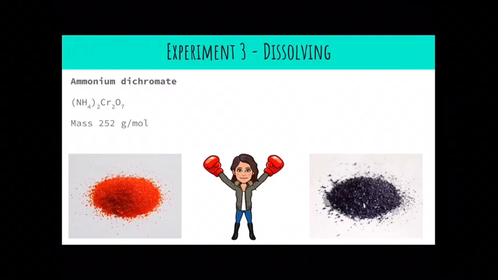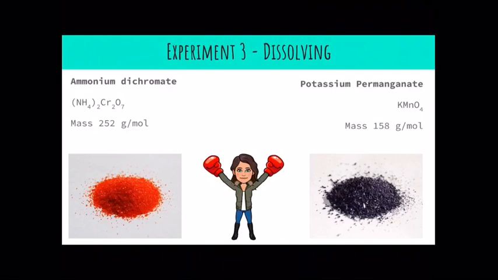We'll teach you all of that stuff in grade 10. On the right-hand side, we have potassium permanganate with a chemical formula of KMnO4. Its mass is 158 grams per mole. Which is going to dissolve quicker? Let's watch and see.